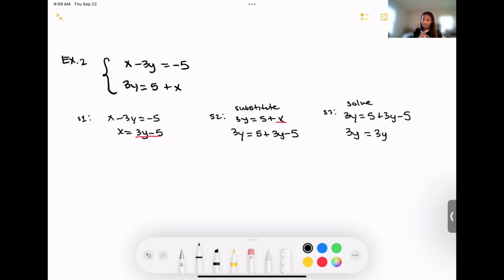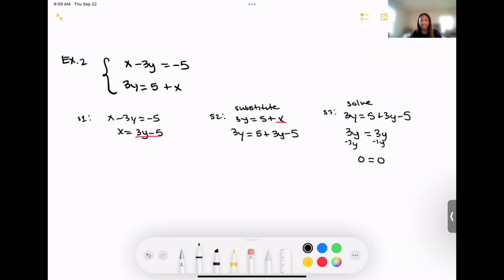This is an identity. If you end up with something like this, 3y equals 3y, that's true for any value of y. But if you wanted to take it a step further, we can move all of the y's to one side. We subtract 3y from both sides, and that gives us 0 equals 0.